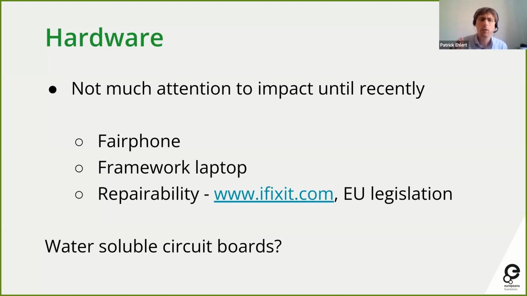They also try to use as much ethically sourced metals as possible. A lot of hardware contains metals, and it comes mostly from mines in developing countries where working conditions aren't great, child labor, things like that. So it's great to see a company like Fairphone trying their best here.